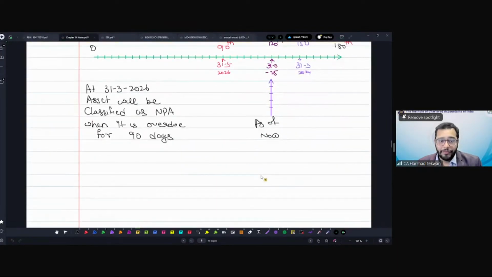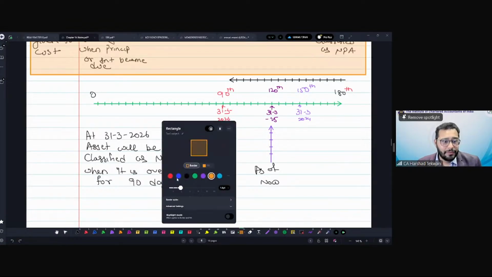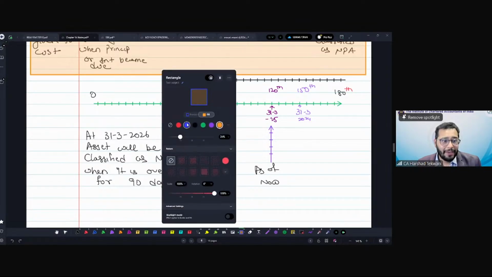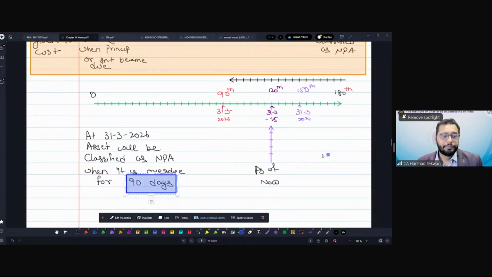I hope as of now we are at 31st March 2025, 120th day, but by 31st March 2026, this has to be at 90 days. I'll highlight this for you so that you understand this is a very important requirement. And again, we have a gliding path in NPA. Clear?